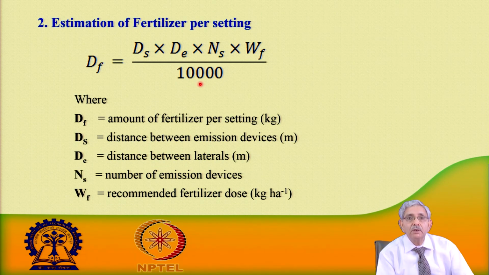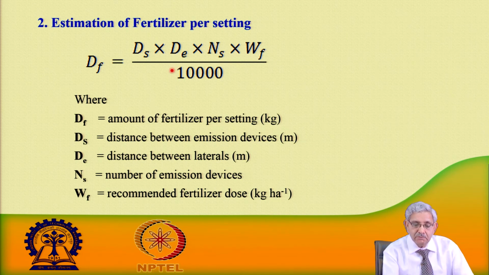When we want to estimate the fertilizer in each setting, how much is the fertilizer? The amount of fertilizer for each setting, in kilograms, can be estimated by using this expression, which involves the distance between the emission devices multiplied by the distance between the laterals, multiplied by the number of emission devices and the recommended dose of fertilizer in kg per hectare.